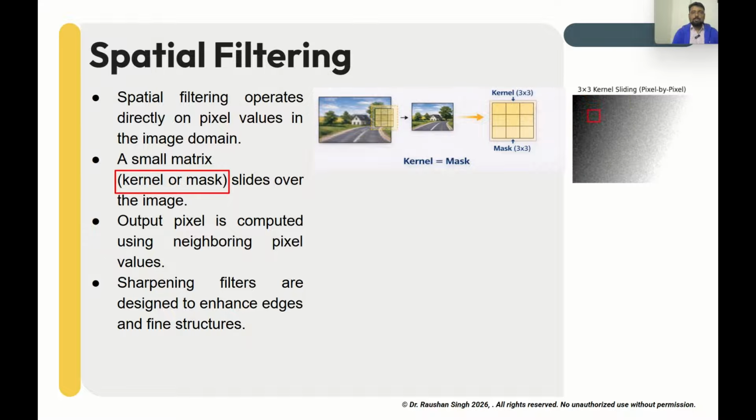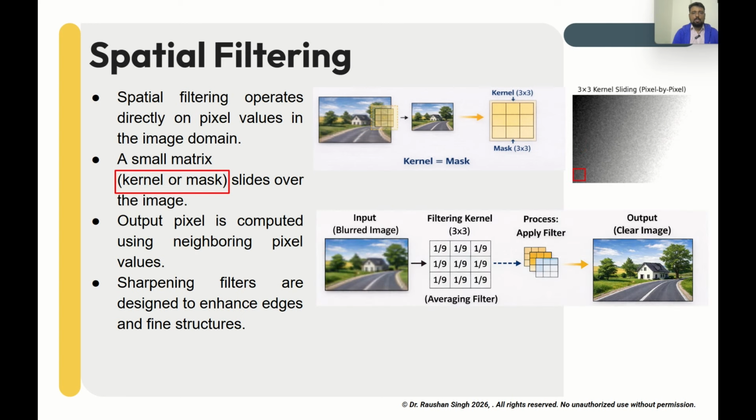You can see the complete processing happening over the overall image, as in the GIF. The same operation is applied in the same way to all the pixels in the image, and the output will be a clearer image by using spatial filtering. Now we are using it for sharpening.